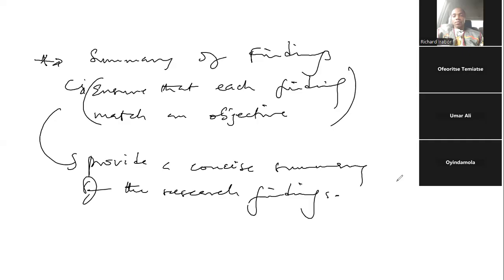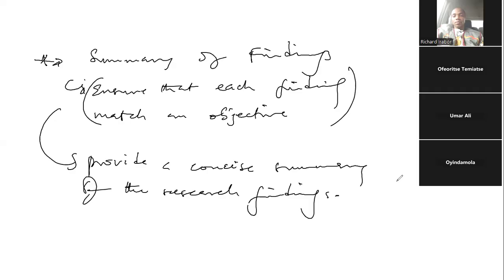Okay, now, if you are not able to meet the objectives, then it means the aim of the research was not met. So the only way you can meet the aim of your research is to meet the objectives. And that's why we have to carefully select the aim of your research. I don't know if you get what I mean.